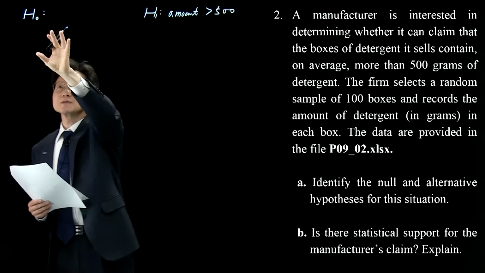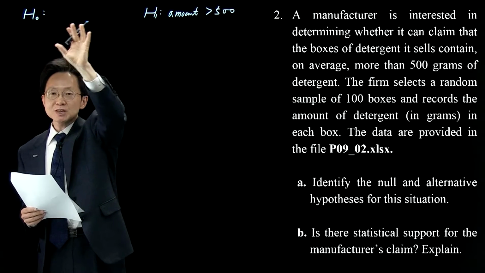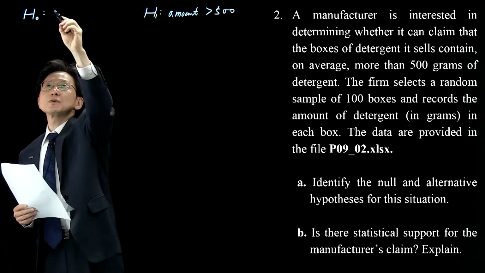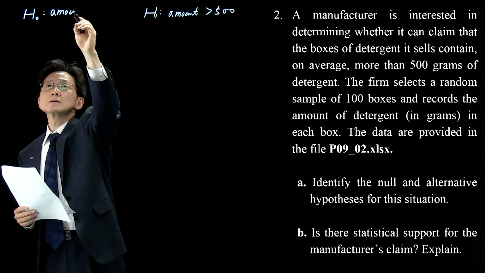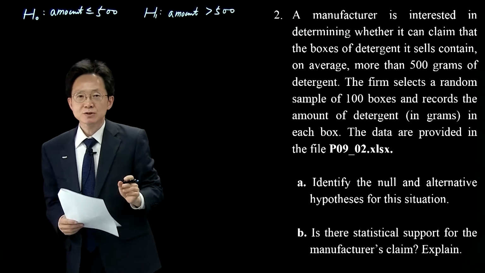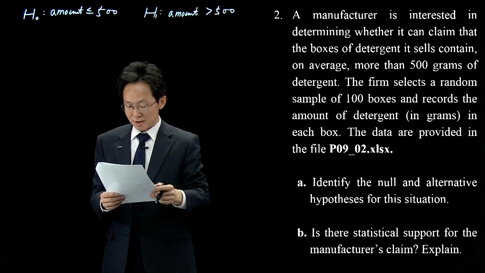And therefore, the null hypothesis, the opposite of the alternative hypothesis, is that the amount is less than or equal to 500. So that's what you need to have.